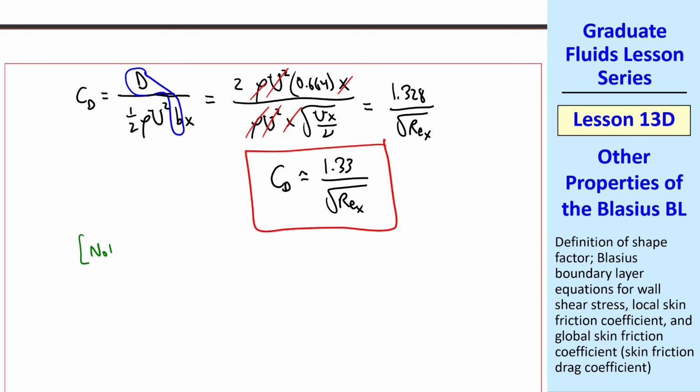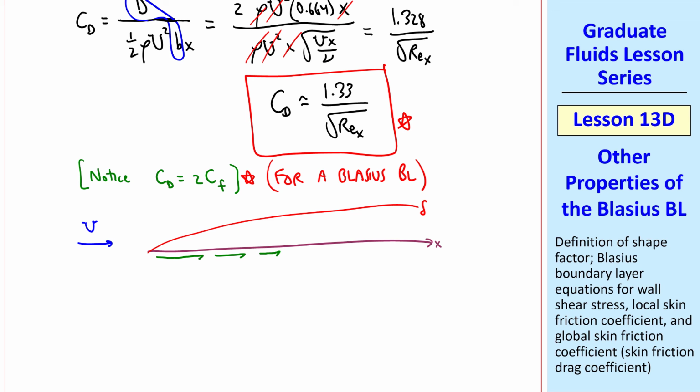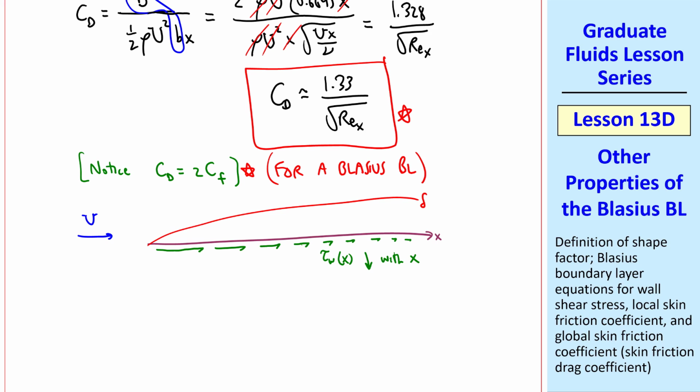One side comment: we notice that CD is 2 times Cf, since the numerator here is twice that of the numerator of Cf. Again, all of this holds only for a Blasius boundary layer. As delta grows, the shear stress at the wall continually decreases with x. So the majority of the drag occurs right at the beginning of the plate, and as delta grows, there's less local skin friction since Cf is decreasing.